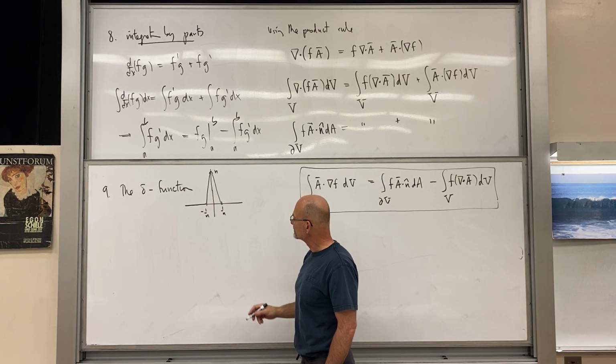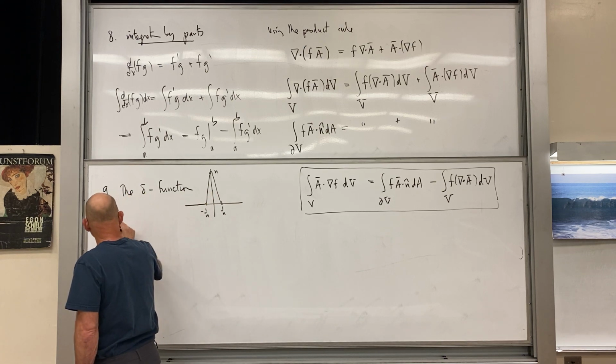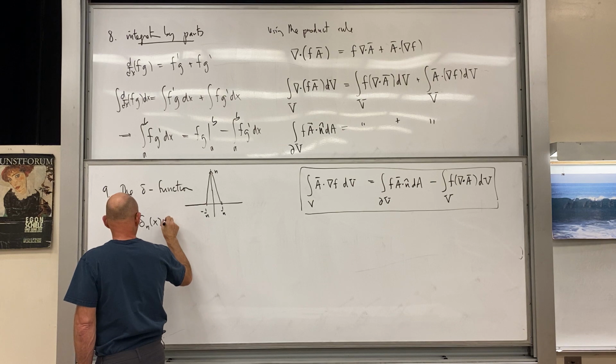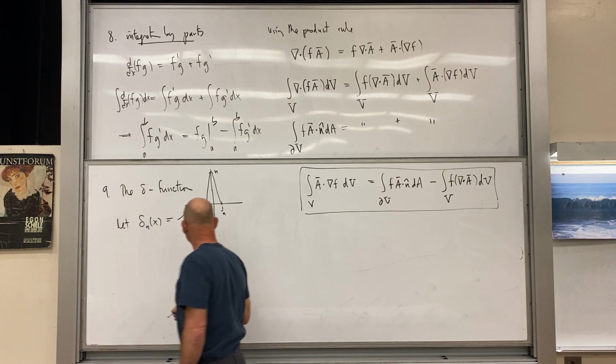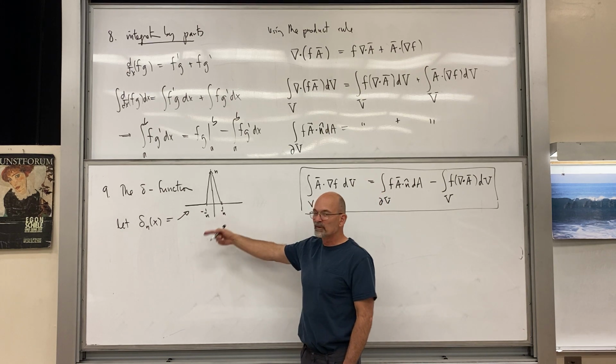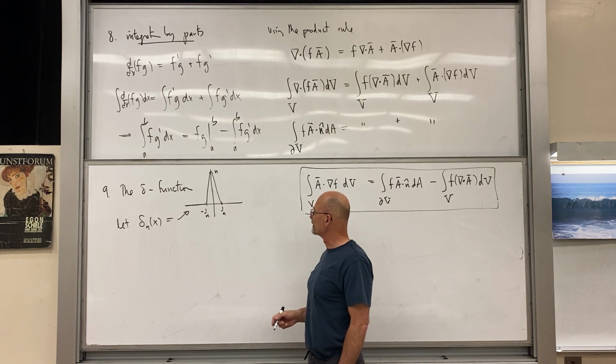Okay. So let delta n of x be defined like that. So 1/2 times 2 over n. Good.